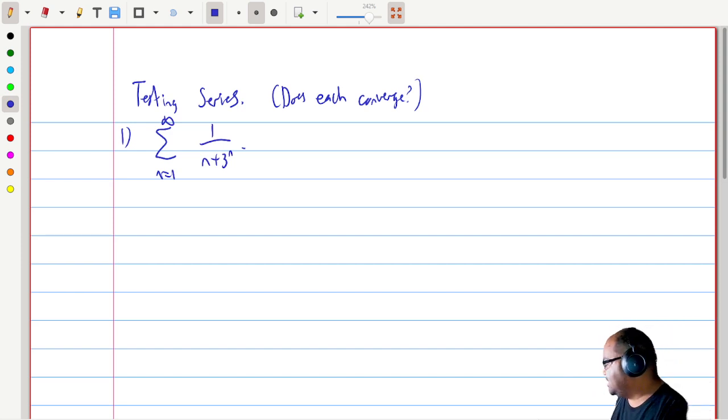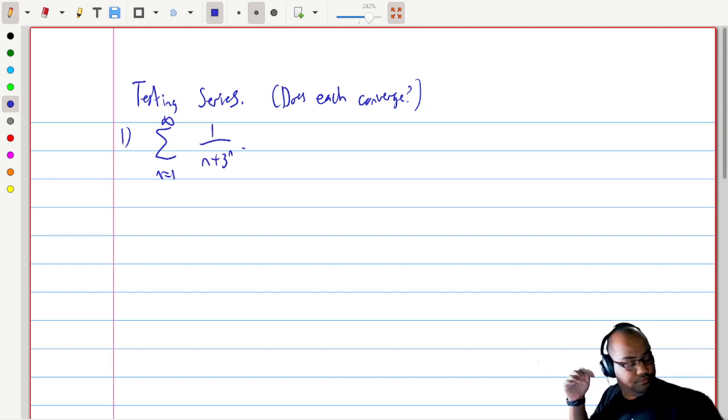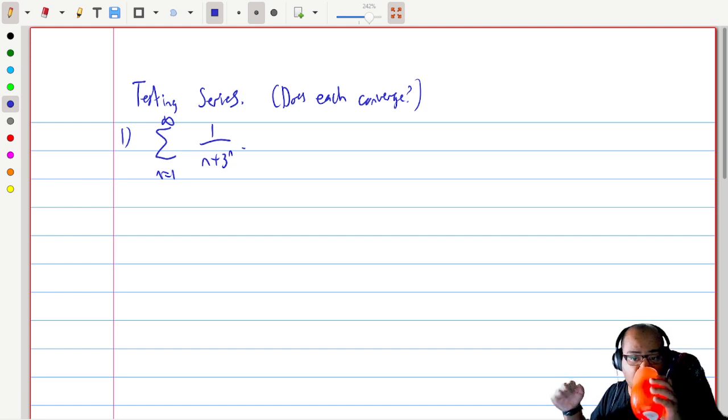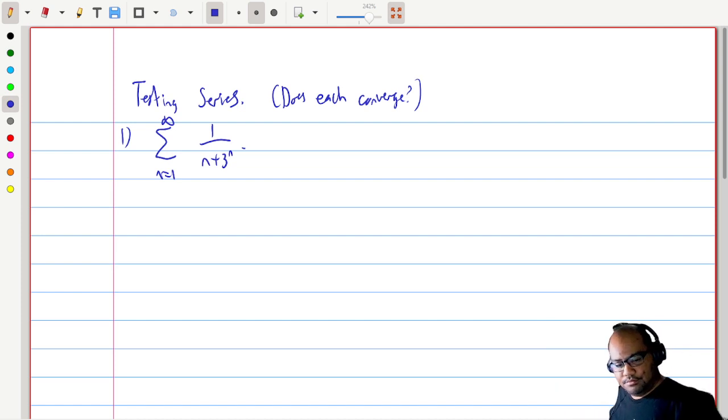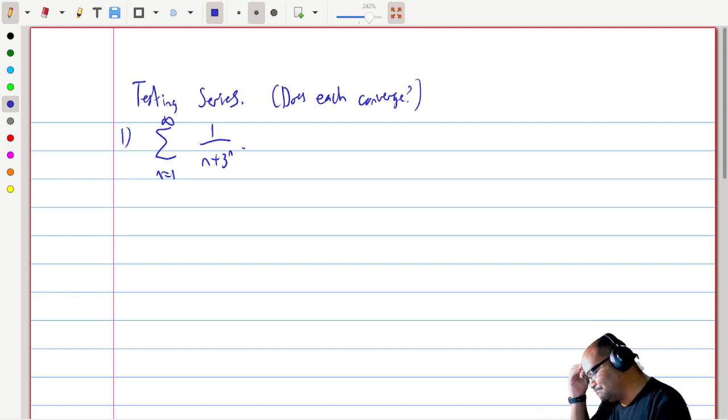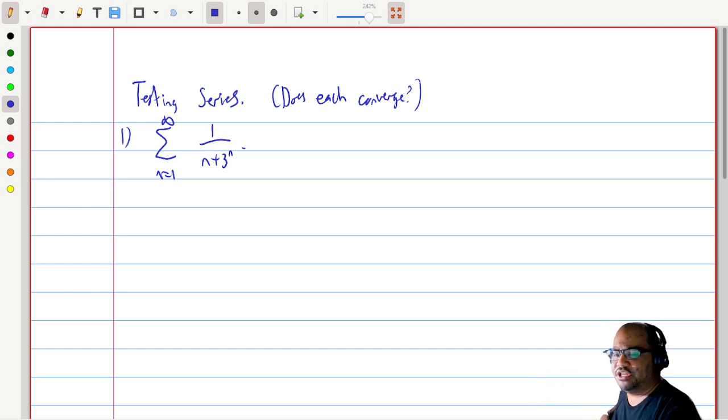Over n plus 3 to the n. And it would be nice if that n wasn't there, but it doesn't really matter because I have a hunch that this one converges, because 3 to the n grows faster than n.